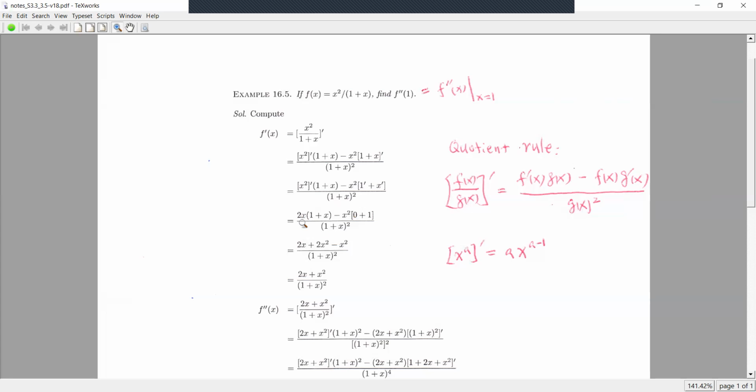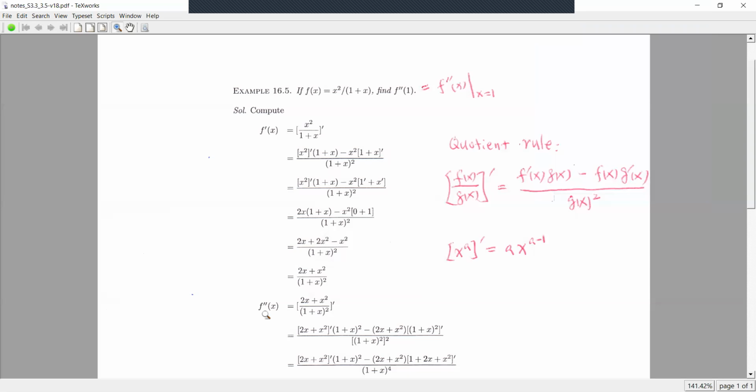Distribute 2x to 1 and to x, then we have this equation. Cancel one x squared, then we have this equation. This is the simplified result of the derivative of function f.